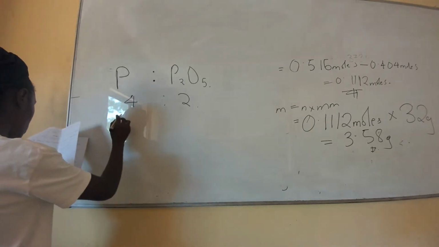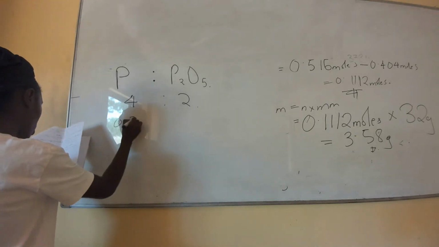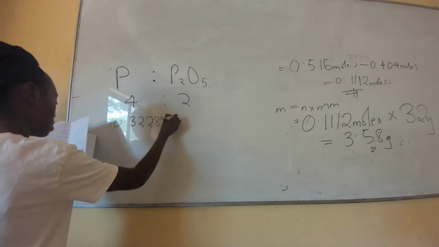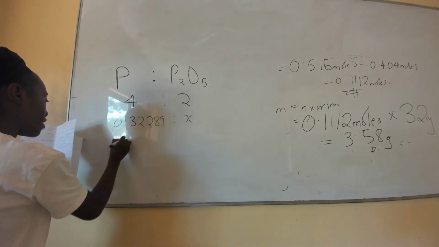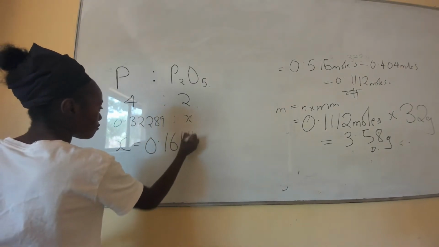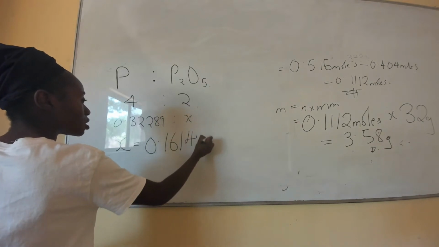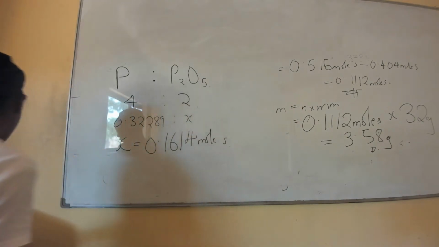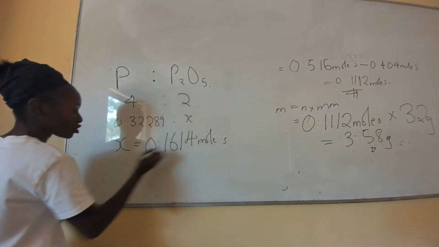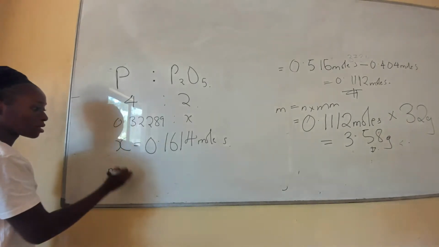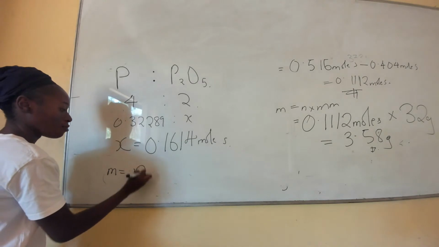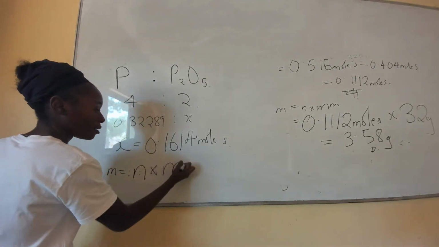So we're going to have our number of moles as 0.32289 to X. So the value of X is going to be 0.1614 moles. So we have the number of moles of P2O5 that will be produced. From here, we simply calculate the mass. So mass is equal to number of moles times the molar mass.